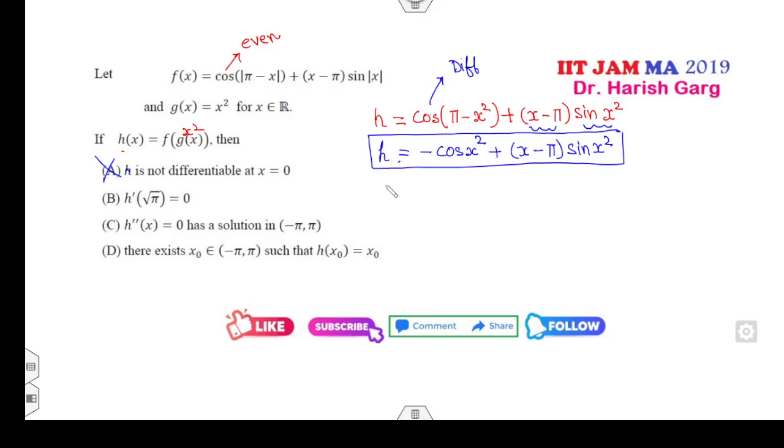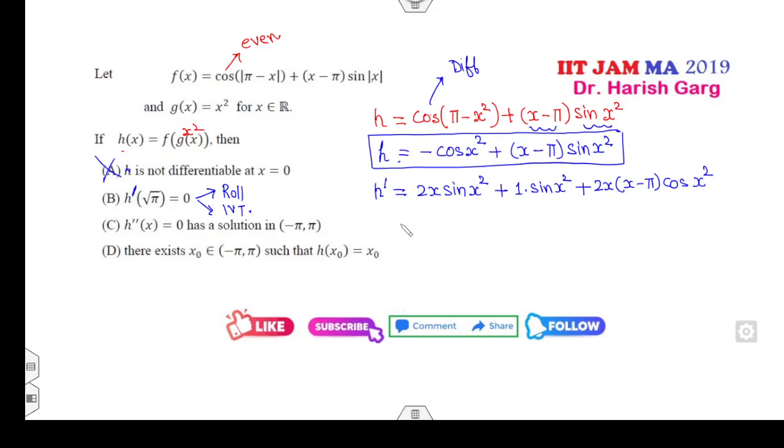Is it okay? Now you can see h dash 0. h dash is my 0. So can you find the, okay, either you can apply the Rolle's theorem, or you can apply the IIT theorem, or you can find the derivative and then check the result. It's 2x sine x square plus 1 into sine x square plus 2 into x minus pi cos of x square.